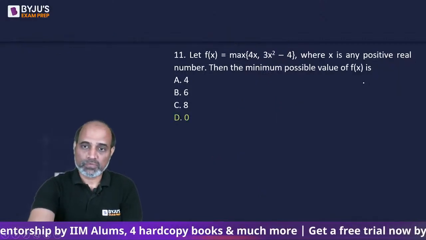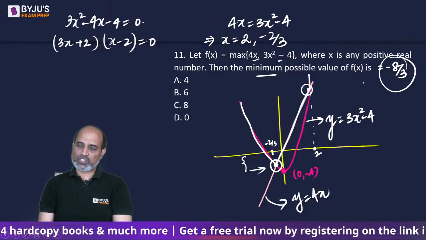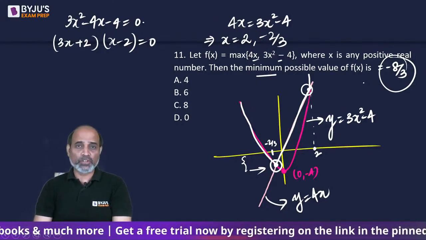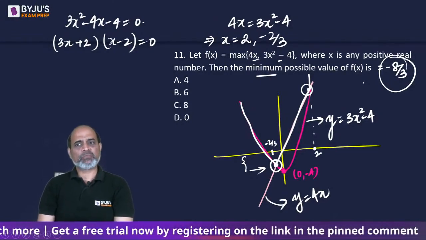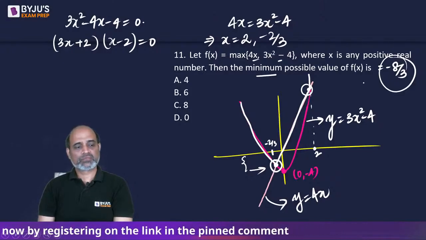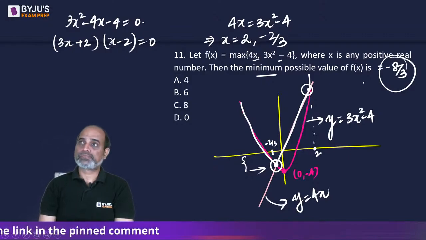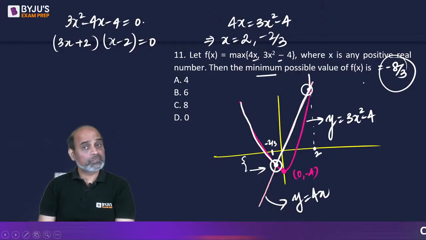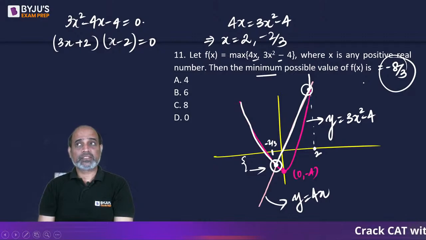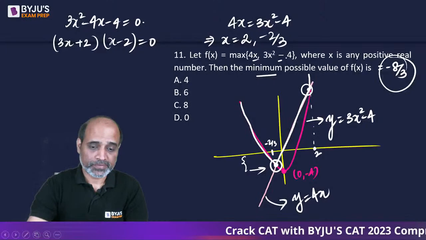Because the question has a 0 coming. So I'm saying there is some typo. Is it 3x square plus 4? Even that will not give us that. Is it 3x square minus 4x? Very much possible. That makes actually more sense if we have 3x square minus 4x.